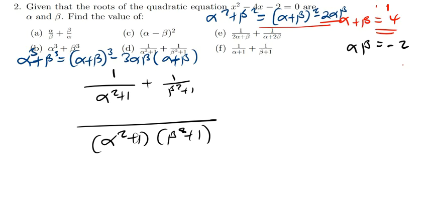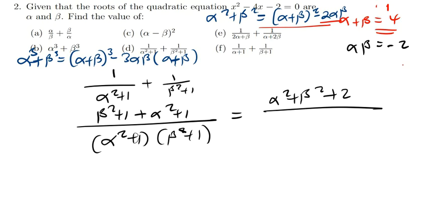So here I'll remain with beta squared plus 1, plus this one here will cancel out, and I'll remain with alpha squared plus 1. So on top we can clearly see that we have just alpha squared plus beta squared, and 1 and 1 is going to give me 2.